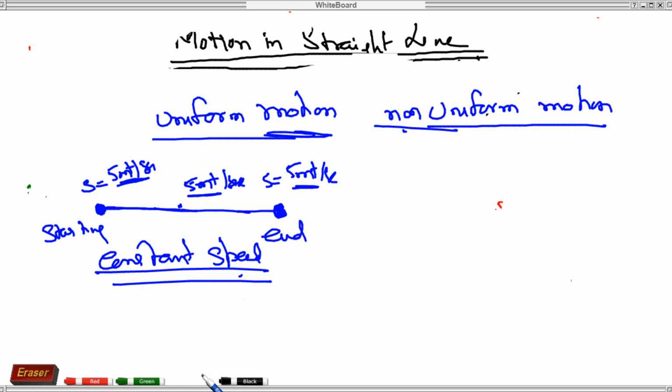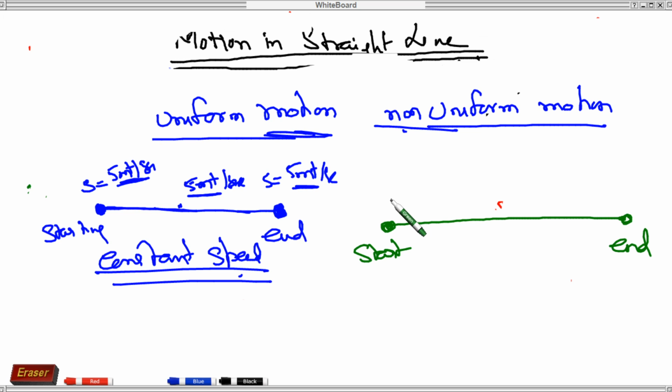Like, this is the starting point and this is the end point. Initially its velocity was 5 meter per second. Here it's 6 meter per second. It's 7 meter per second here. At the end, let it be 8 meter per second.